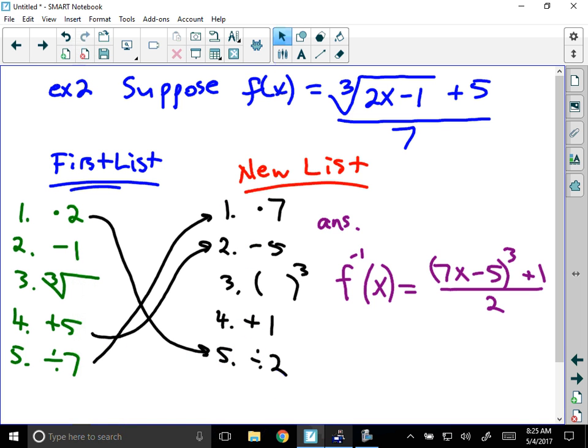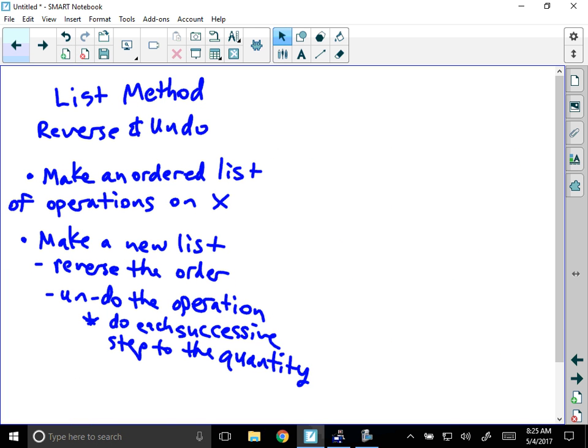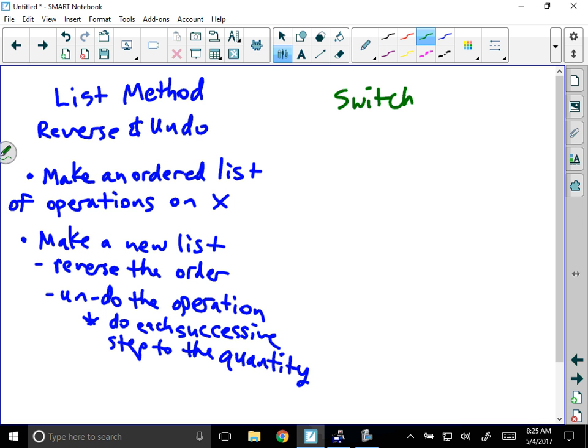All right. So I said I would offer up two procedures, two algorithms. You ready for the next one? The next one I call the switcheroo. It's the reverse and undo, or the switcheroo.